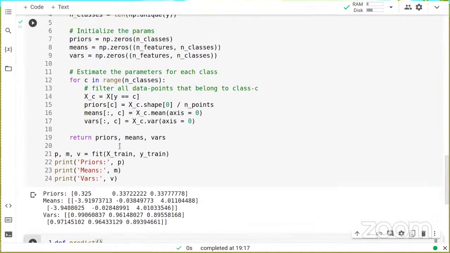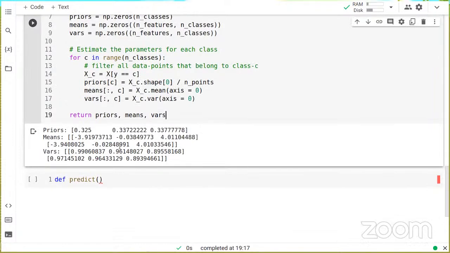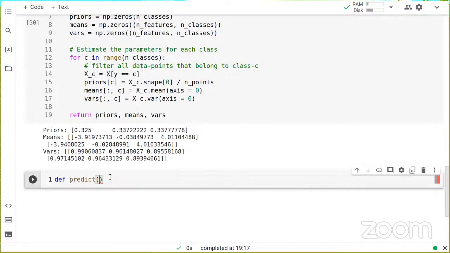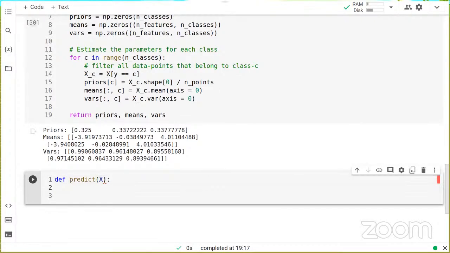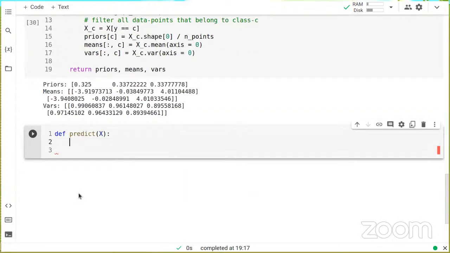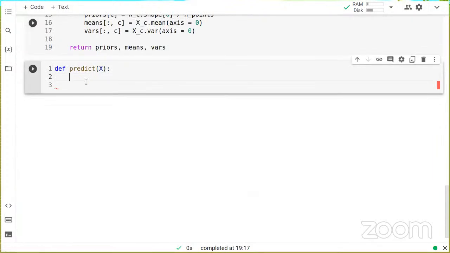Basically, it's the predict function, and I need to run the prediction. So how do I predict? Can someone tell me how I should predict?